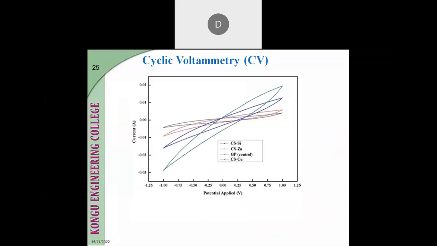Now I have started to discuss cyclic voltammetry. This is the most important one, and here it represents the cyclic voltammetry for the 20% and 40% electrodes. The electrochemical behavior of the electrode materials can be evaluated using the cyclic voltammetric method.